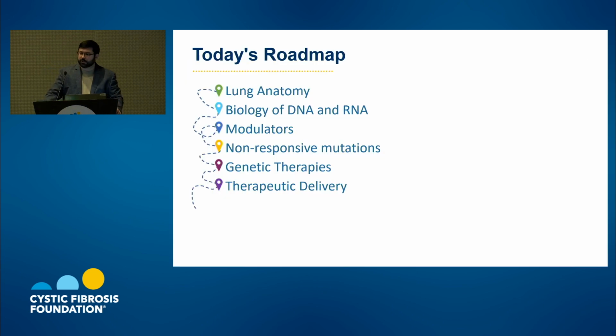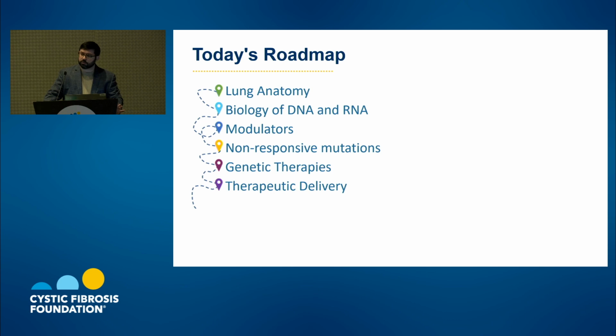So this is just a little bit of our roadmap of what we're going to cover today. I think it's important that we first talk a little bit more about the basics of lung anatomy. As Kara said, we're really focusing on the lung primarily as our first target. So maybe going a little bit deeper into understanding some of the complexity of the lung is an important thing to review.